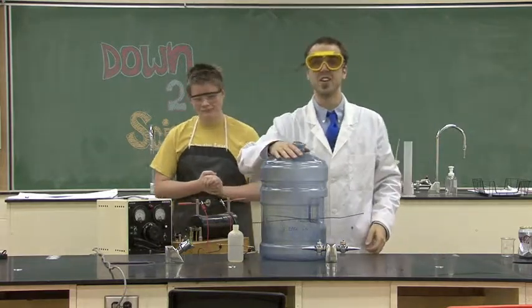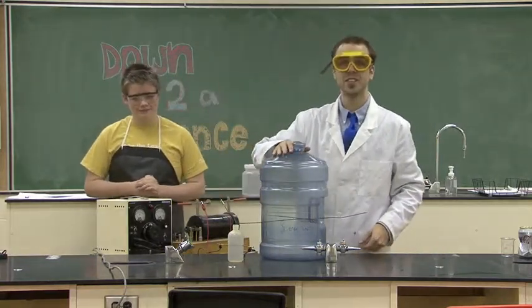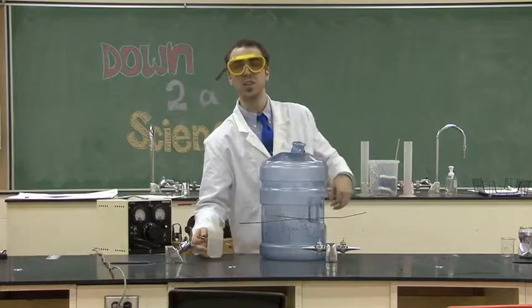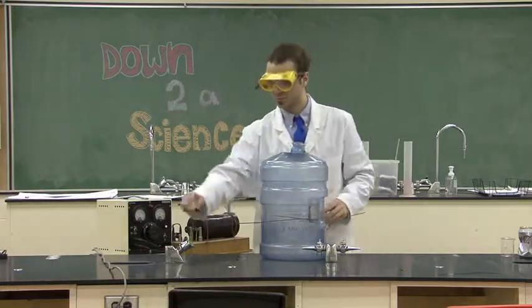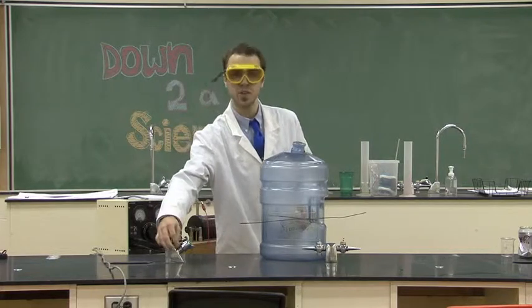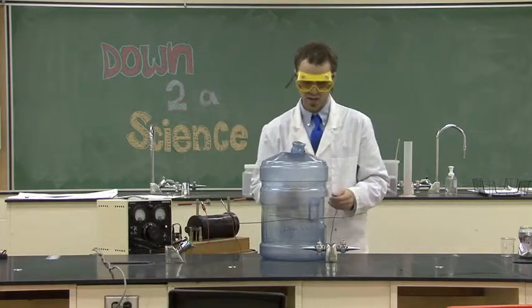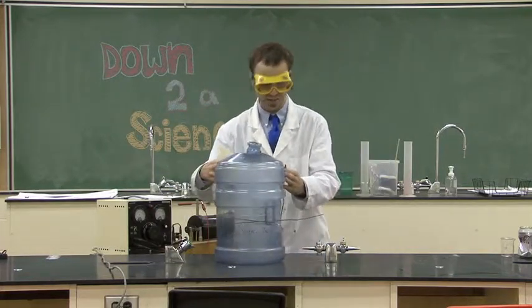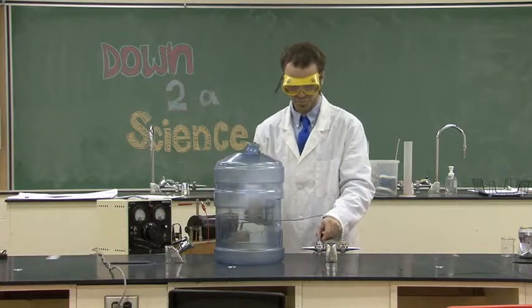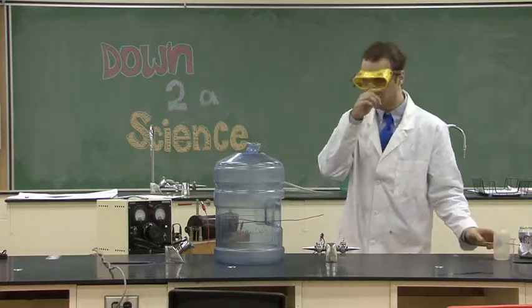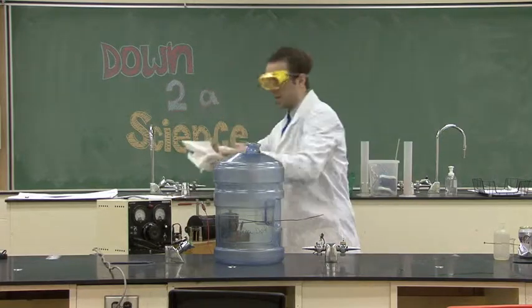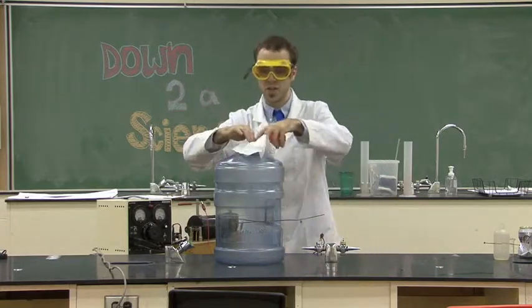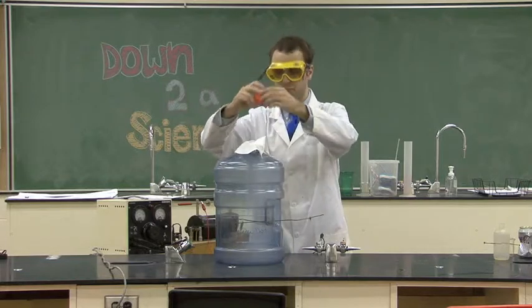So what I have here is a water jug. I've increased the size of my little plastic jar. I've filled it with some methyl alcohol, and I've created a spark on the inside. What I'm going to do is put a stopper in there. I'm going to take a Kleenex, just so I don't lose my stopper.